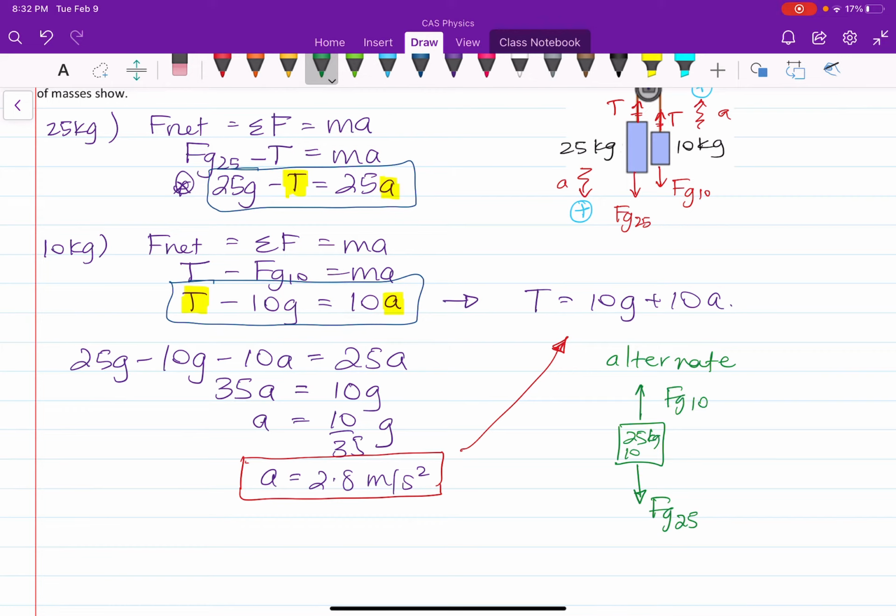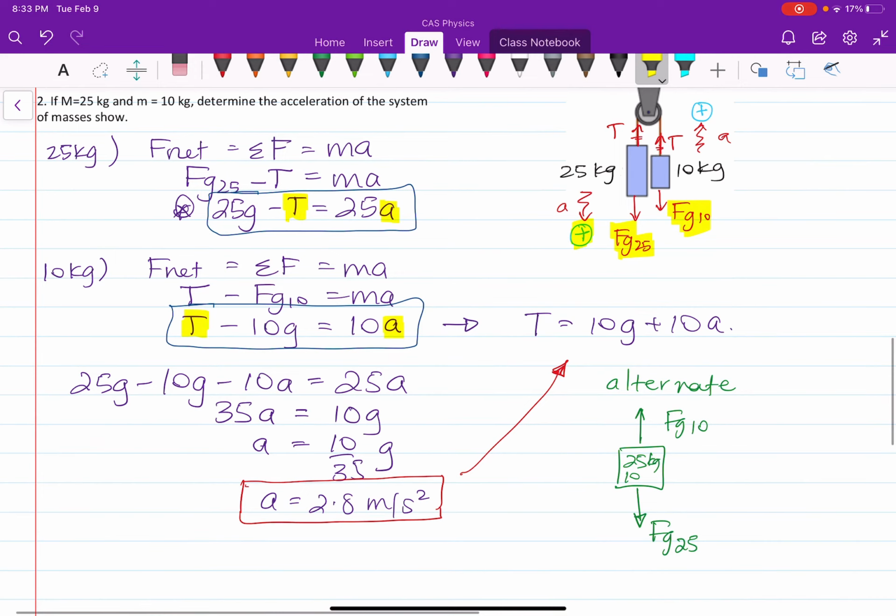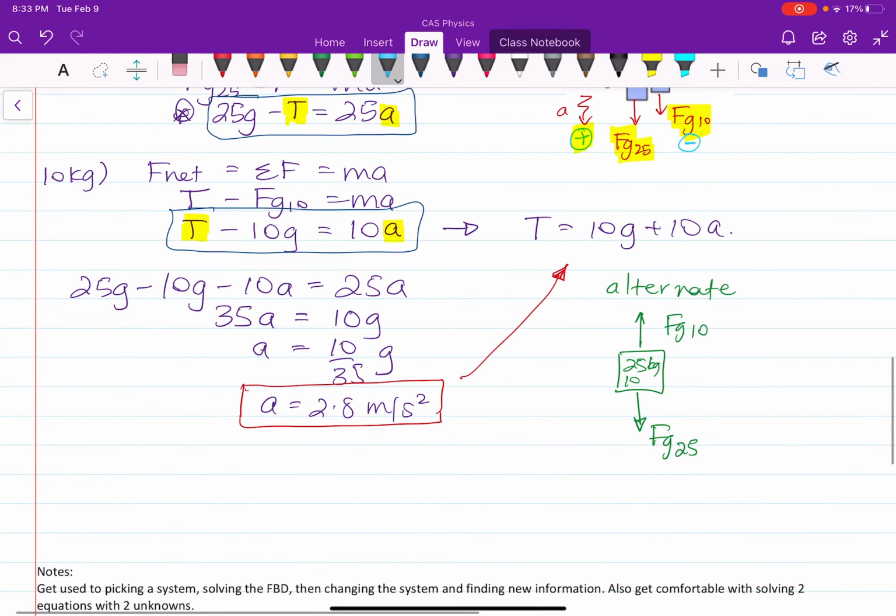The reason I have them going opposite like that is that in this diagram, the force of gravity on the 25 is in the positive direction, whereas the force of gravity for the 10, because the acceleration up is positive, is actually negative for this particular force. So they work against each other, and then when we do that, we end up with the same equation, and you'll find the same acceleration.